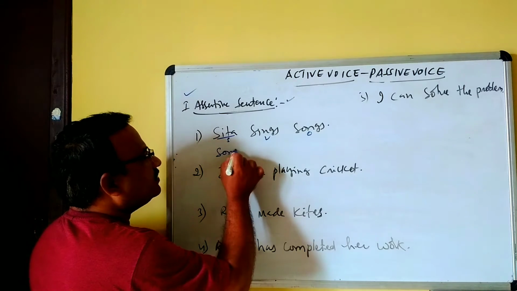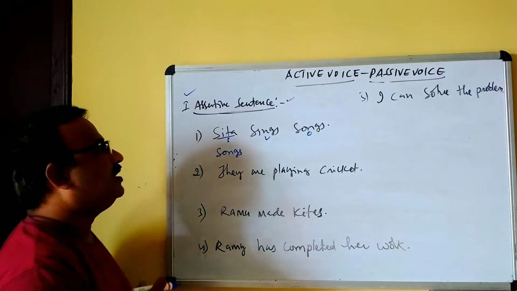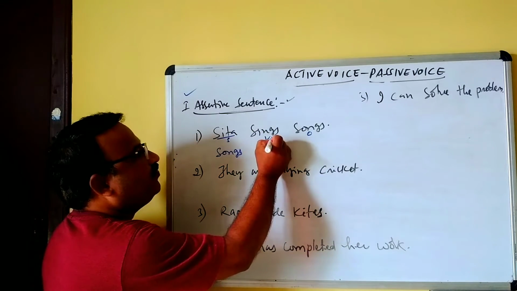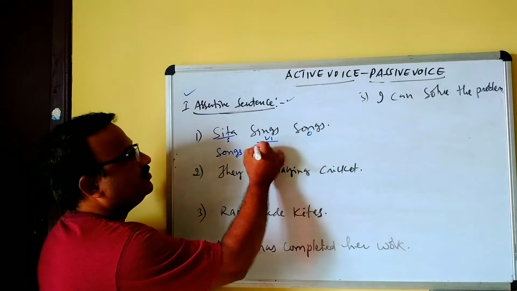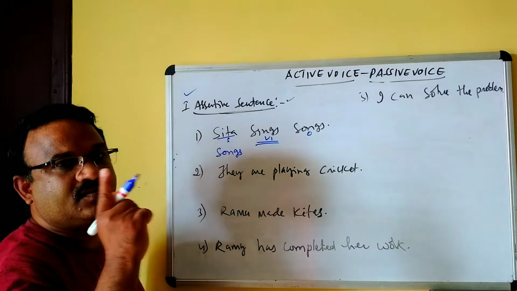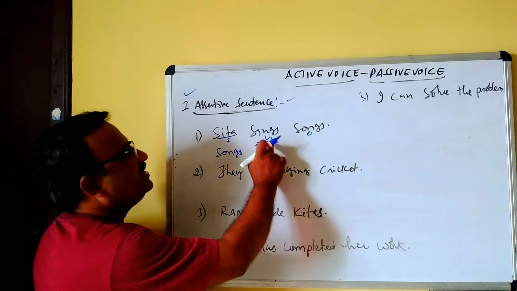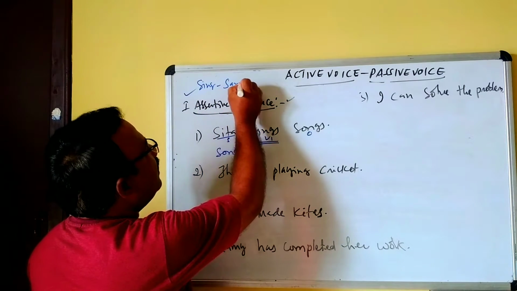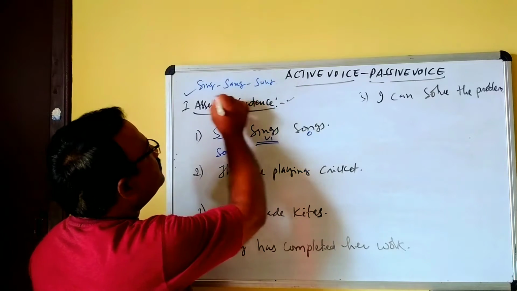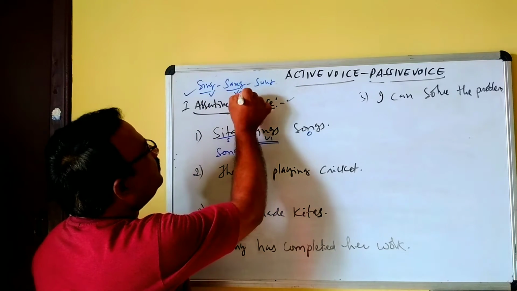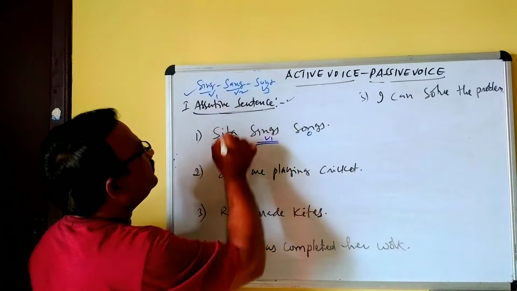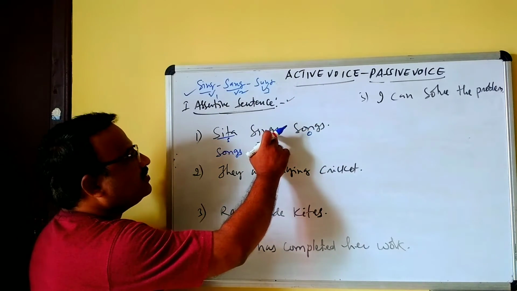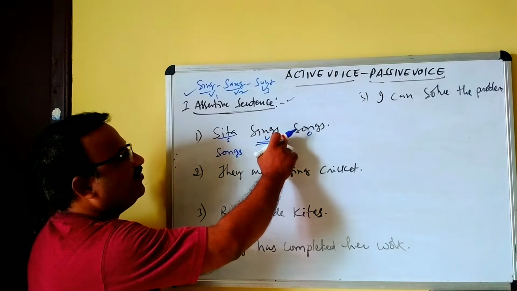Songs. And here, verb is in first form, V1. Sing, sang, sung. So, it is V1, V2, V3.